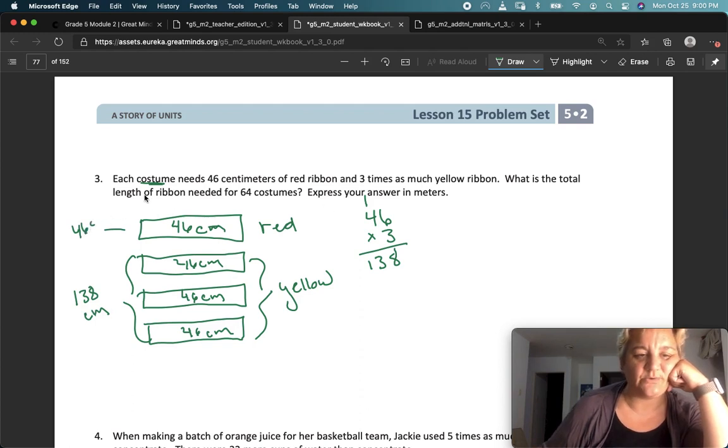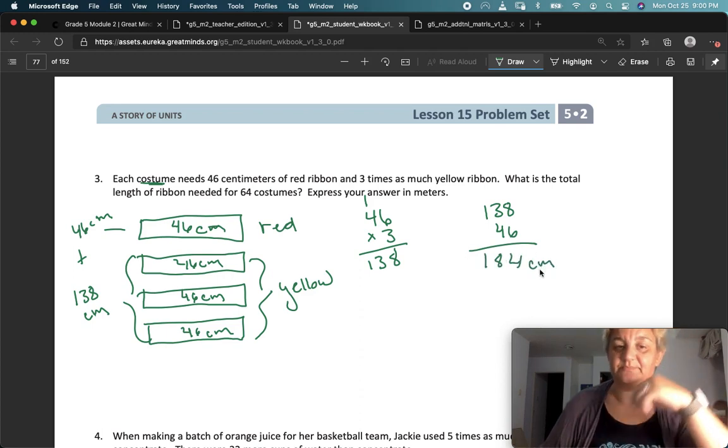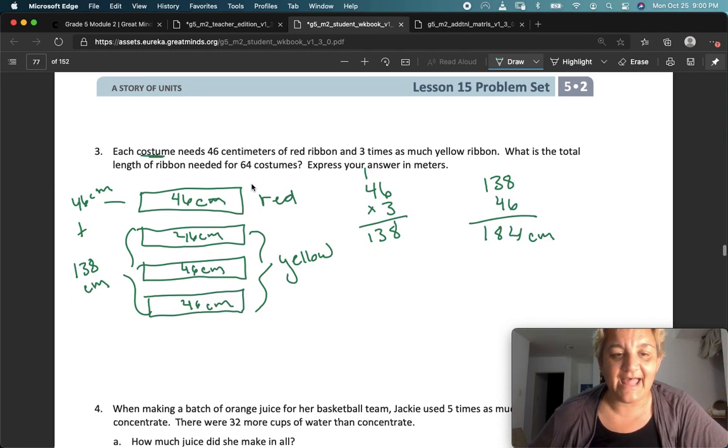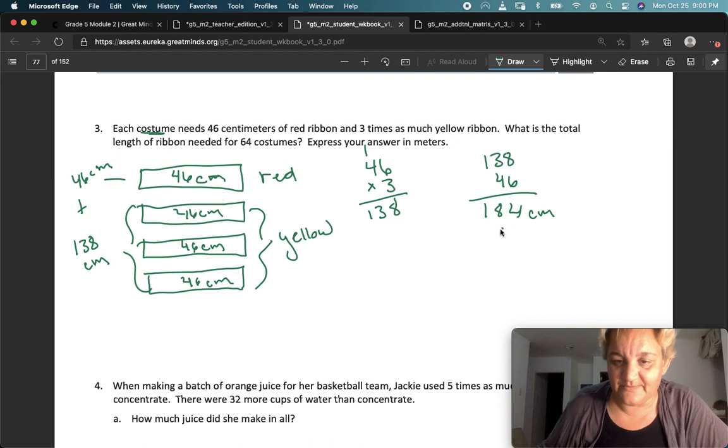What is the total length of ribbon needed for 64 costumes? So the total length for each costume is this plus this. So I've got 138 plus 46, which is 184 centimeters. That's per costume. But I have 64 costumes. So now I'm going to multiply that by 64.